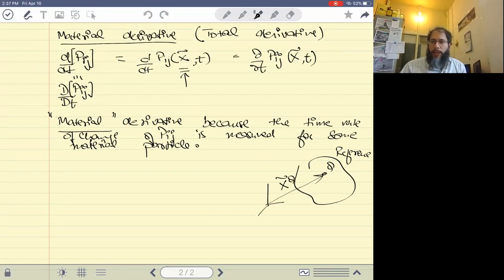As I move through different deformations, the capital X or the material coordinates of particle Q will not change, because material coordinates refer to where the particle was at t equal to 0 in the reference coordinate system. So if I supply some value of capital X here, that basically means that I'm talking about the rate of change of P for some particle at some later time t.